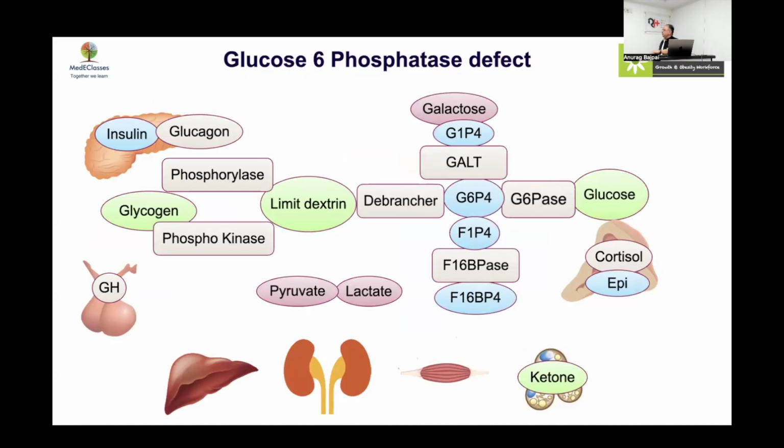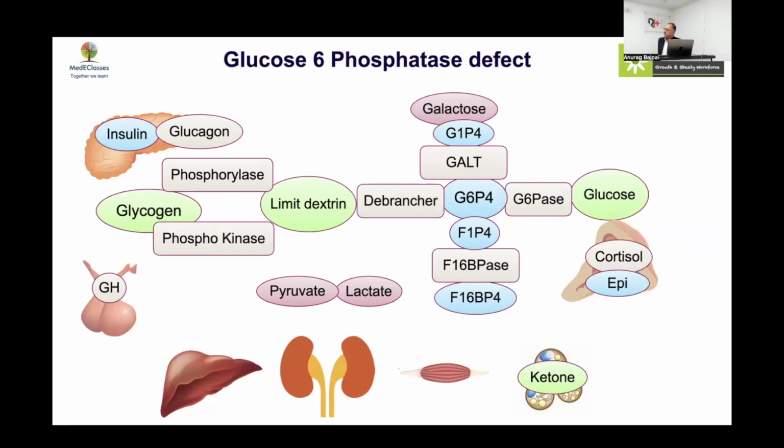So glucose 6 phosphatase defect, the problem is at the confluence of all the three pathways. So you will have no glucose production. Glycogen is going to be stored in the liver. Fructose is not working, galactose is not working, so glucose is not going to increase in that regard. More glycogen will basically mean it will be accumulated in the liver and in the kidney, causing hepatomegaly and renomegaly.